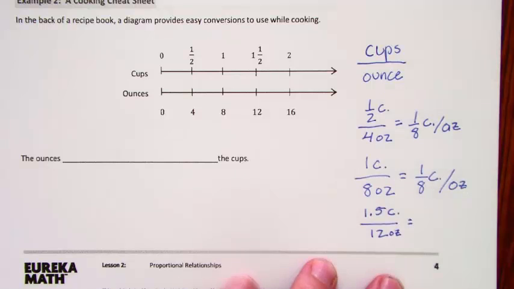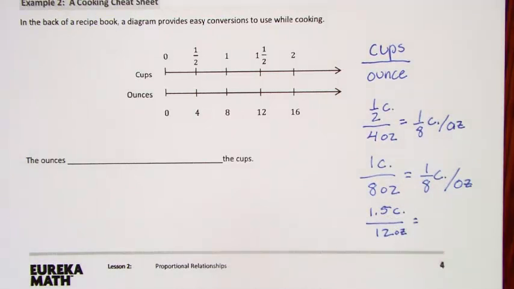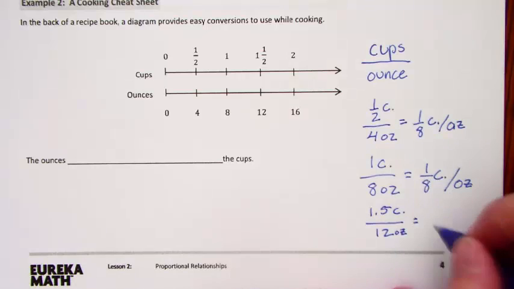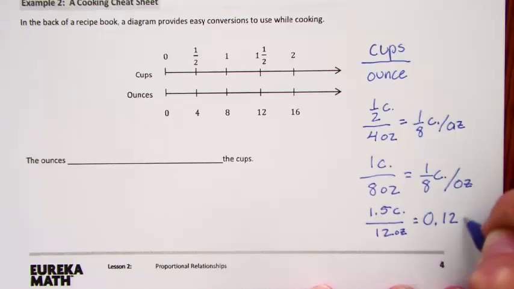If I do that on my calculator, 1.5 divided by 12, then I'm going to get 1/8. 1/8 is the same as 0.125 cups per ounce.